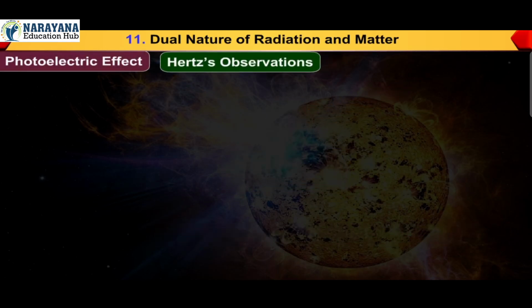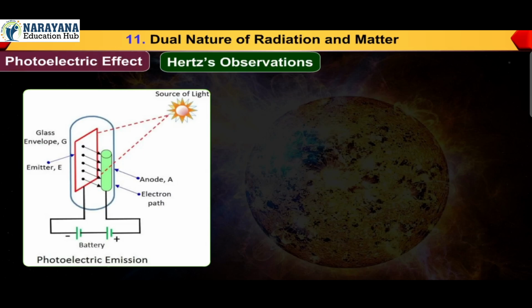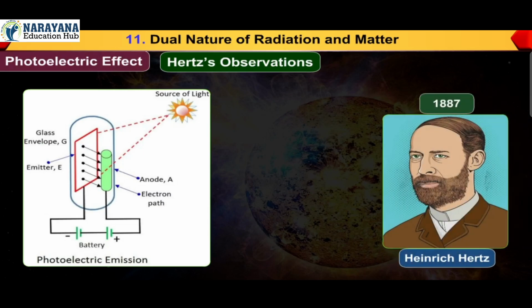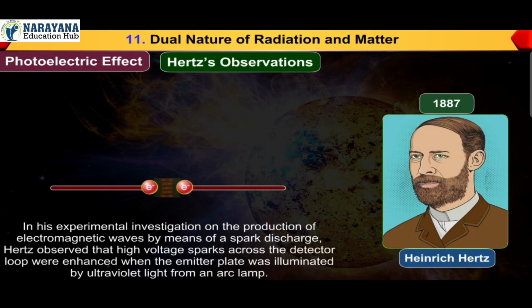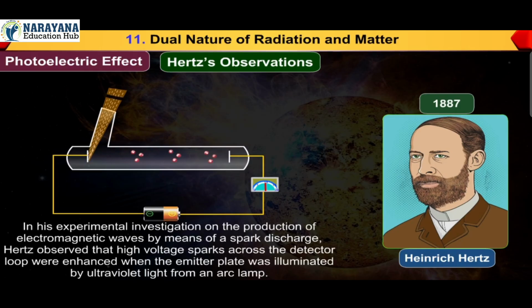Photoelectric effect. Hertz's observations. The phenomenon of photoelectric emission was discovered in 1887 by Heinrich Hertz. During his electromagnetic wave experiments, in his experimental investigation on the production of electromagnetic waves by means of a spark discharge, Hertz observed that high voltage sparks across the detector loop were enhanced when the emitter plate was illuminated by ultraviolet light from an arc lamp.